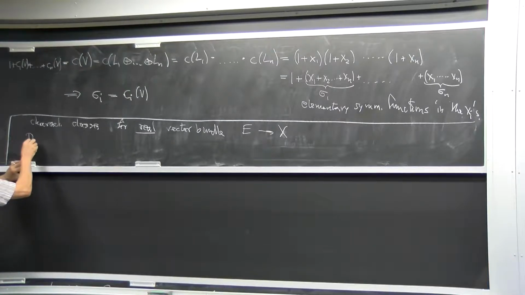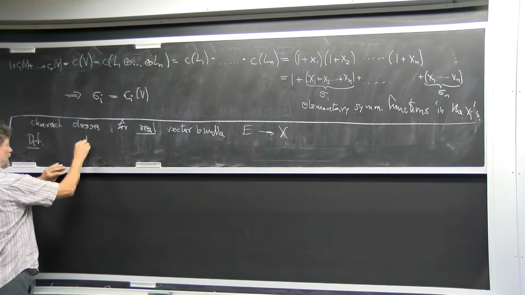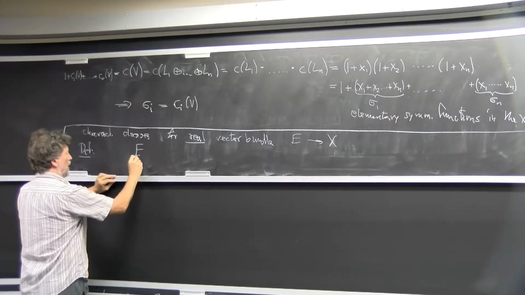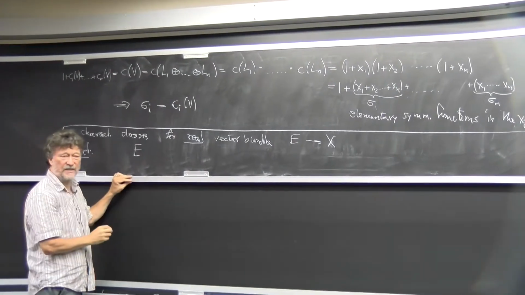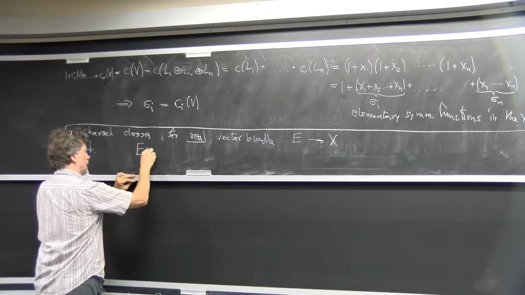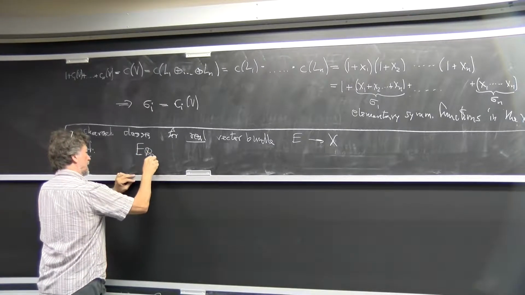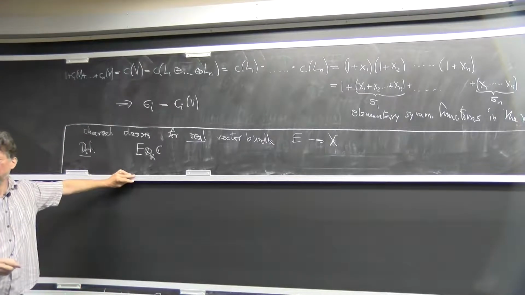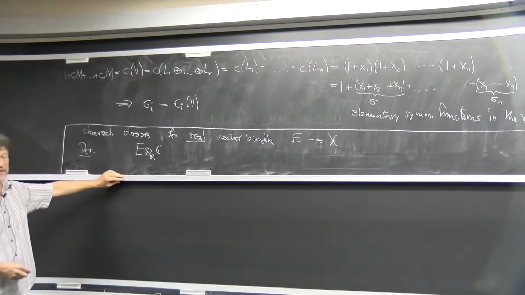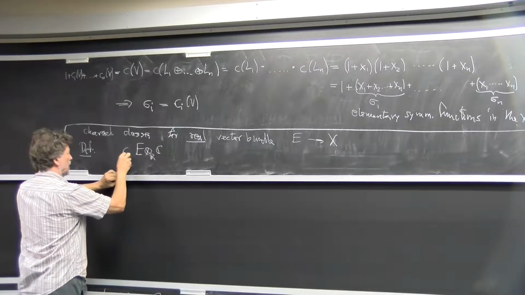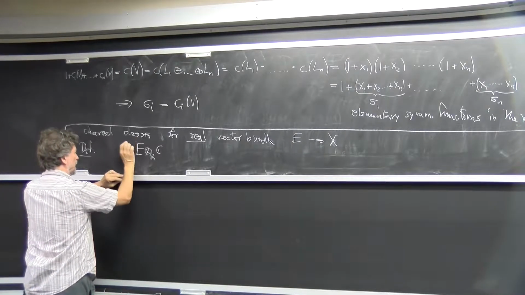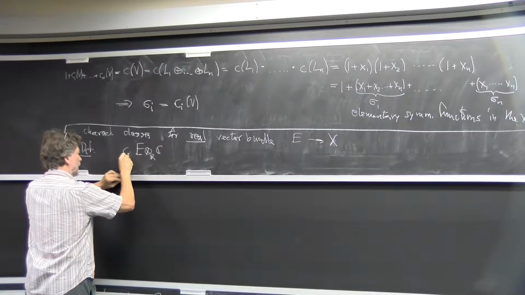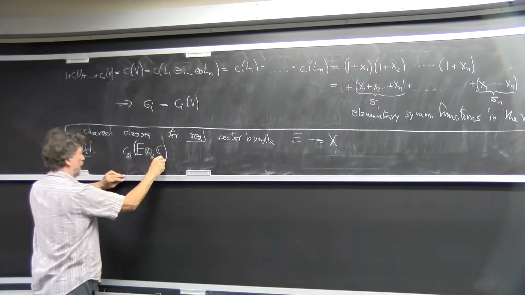Here's the definition. You do a dumb thing. You say, if I have a real vector bundle, then I can complexify it to get a complex vector bundle, right? That's a complex vector bundle. And then whatever you constructed before, you can apply to that complex vector bundle. So for example, you could take the 2ith Chern class of this.